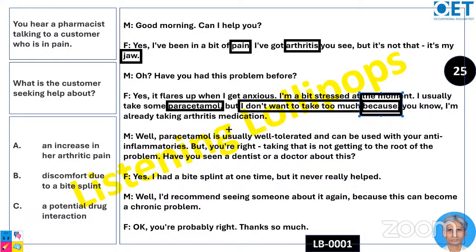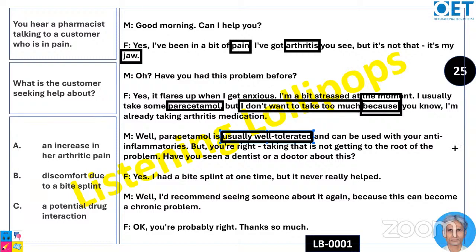Okay. So because of this one, well, paracetamol is usually well tolerated. He's telling there's no problem with that, and it can be used with anti-inflammatories. Try to understand that.